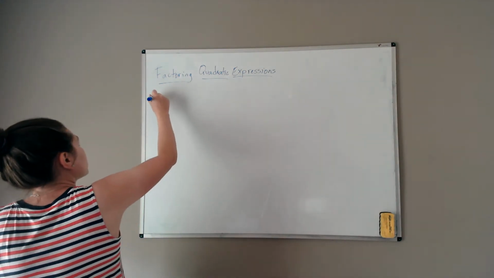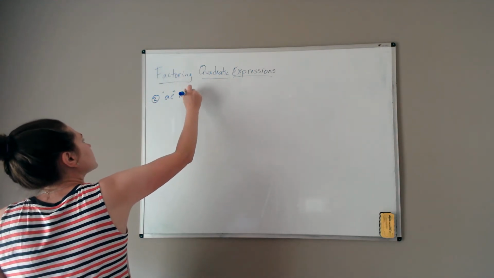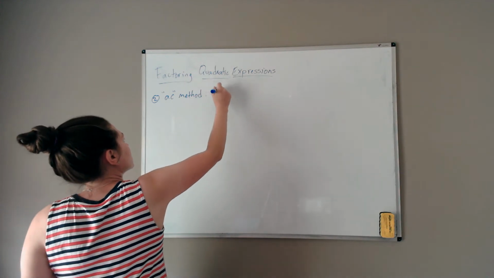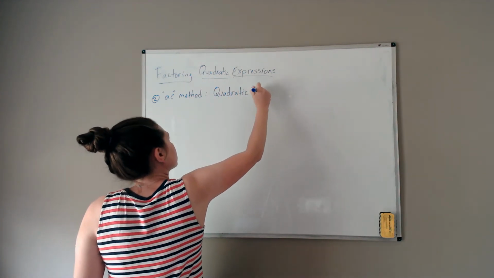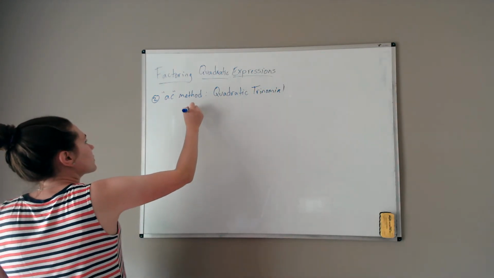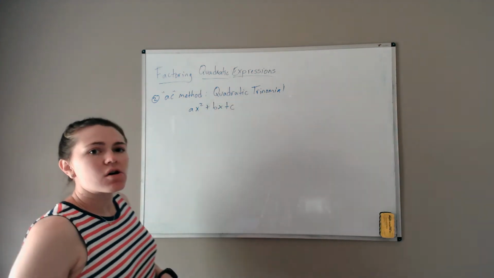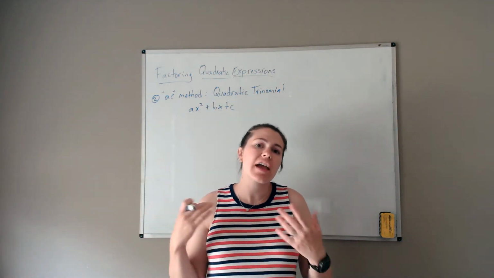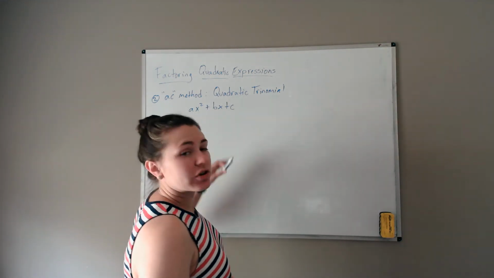And number 2 is the AC method. You're going to use that when you have a quadratic trinomial of the form ax squared plus bx plus c. Now, not all quadratics are factorable, which means you can't always factor a quadratic expression based on the rules we're using here.